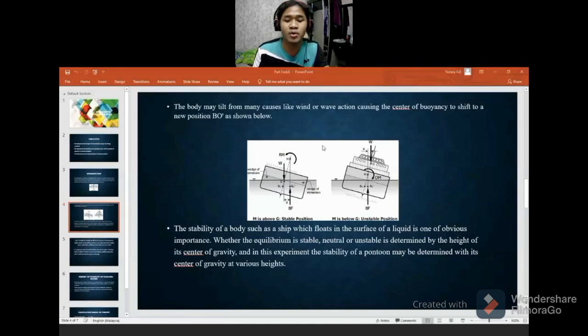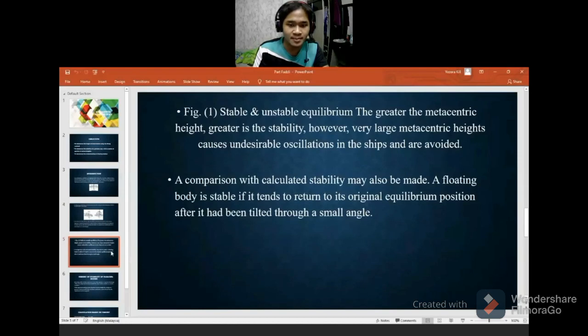The stability of a body, such as a ship which floats on the surface of a liquid, is of obvious importance. Whether the equilibrium is stable, neutral, or unstable is determined by the height of the center of gravity. In this experiment, the stability of the pontoon may be determined with its center of gravity at various heights. What is shown there are stable and unstable equilibrium.